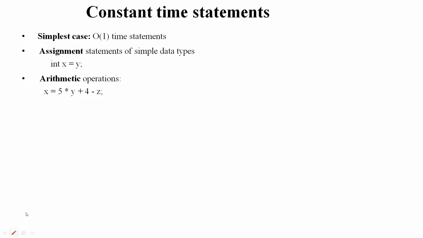Then, for the order of 1, time is consumed for assignment operations for simple data types and any arithmetic operation. Here, for multiplication, 1 unit of time, order of 1, will be consumed, and for addition another order of 1, and for subtraction another order of 1.